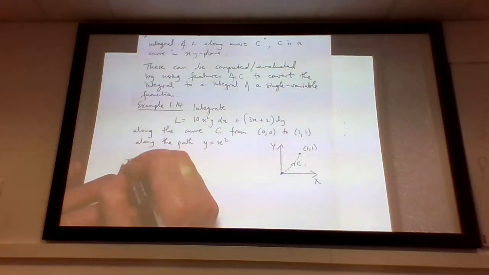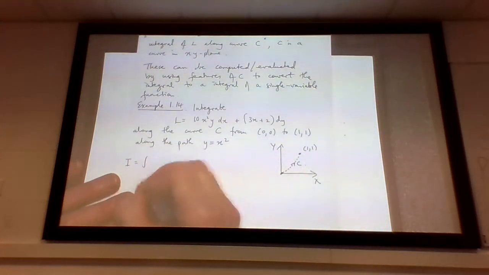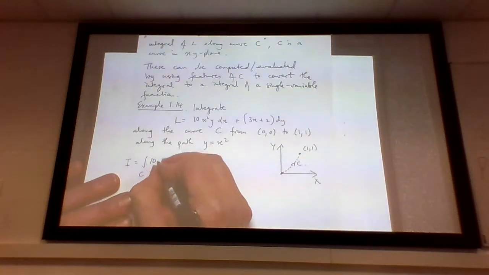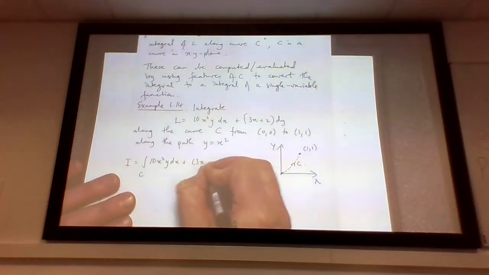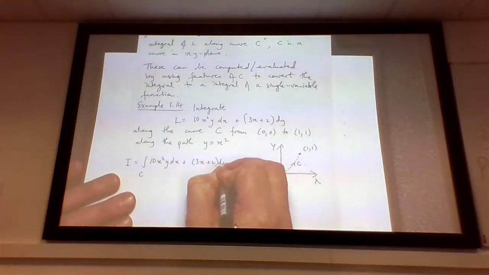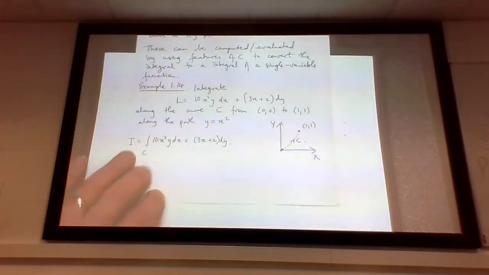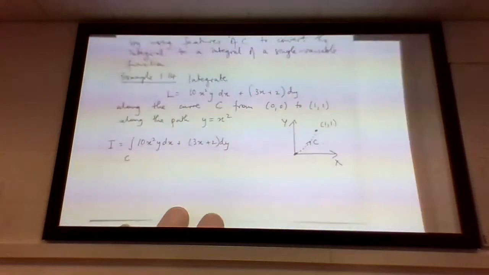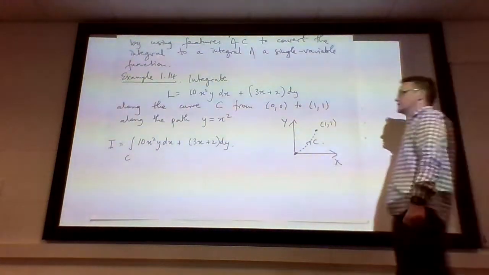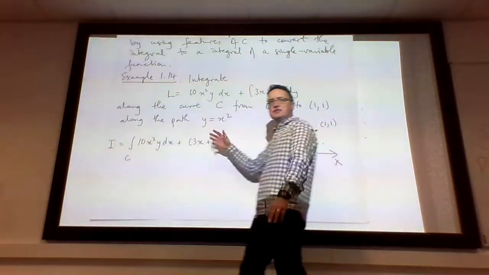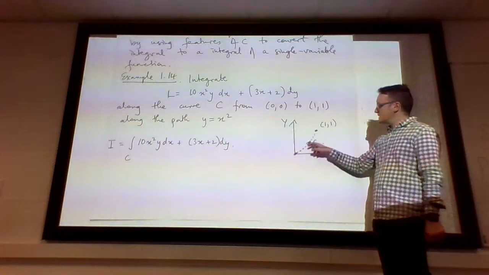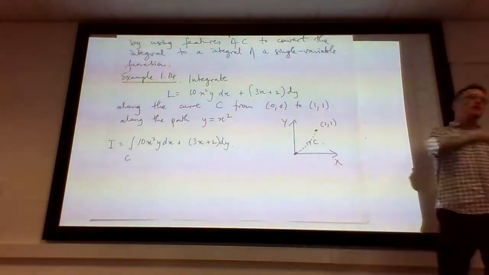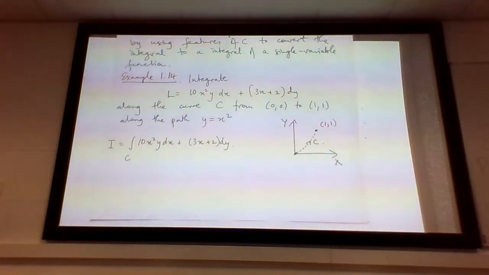So the integral we're faced with is this integral I, the integral along C of 10x squared y dx plus (3x plus 2) dy. At the moment, as it's written, it depends on x and y. It features both of the variables. But we can use the specification of the path to convert the whole thing so that it only mentions one of the variables.